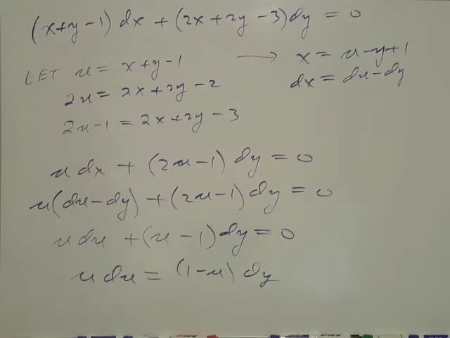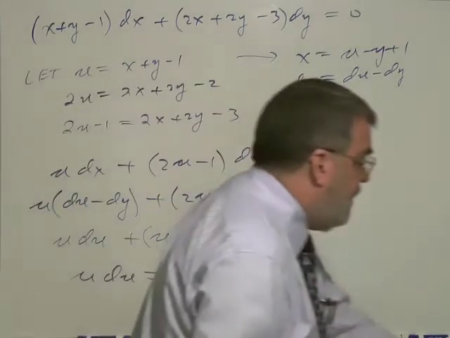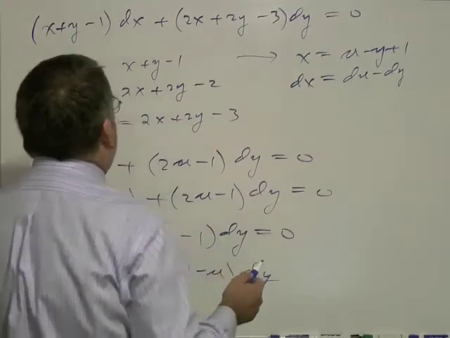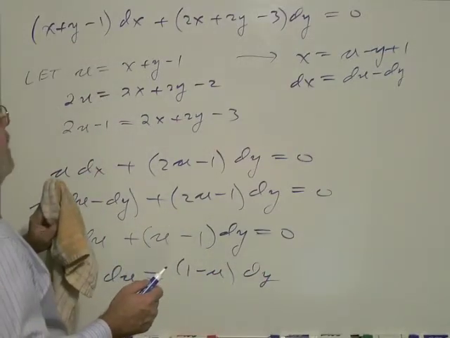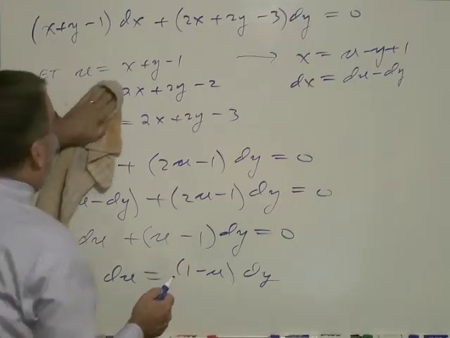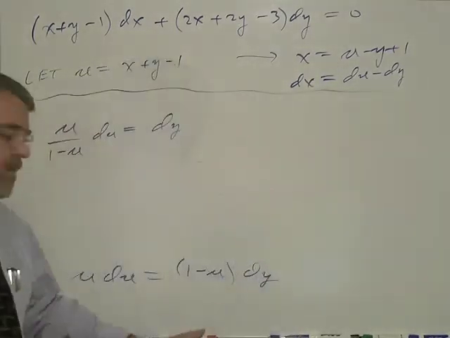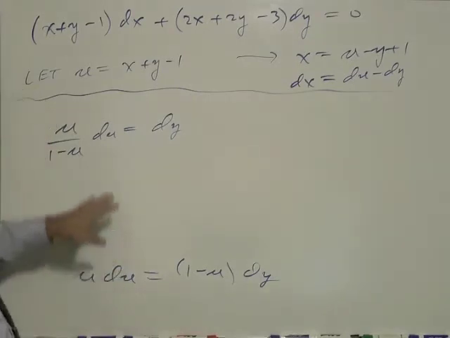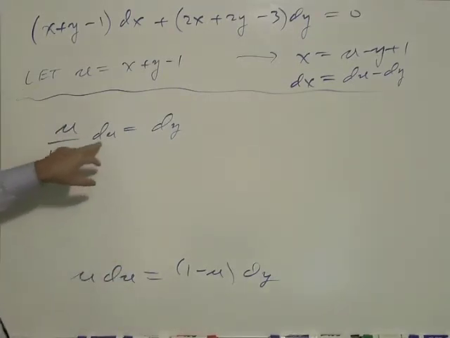Now it's very separable, because if I divide by 1 - u, I've got a separated differential equation. So going from this equation up to here, I've had u over (1 - u) du equals dy.